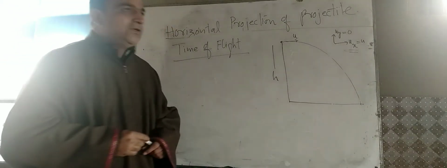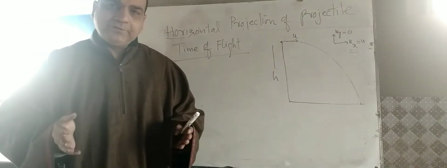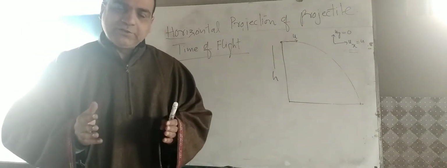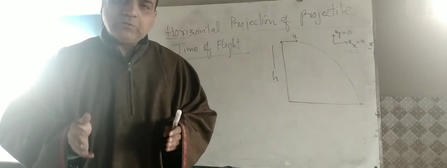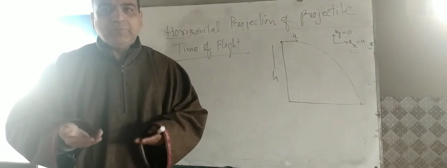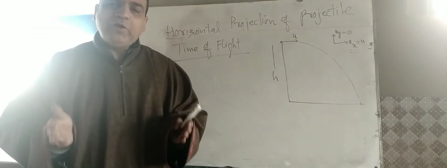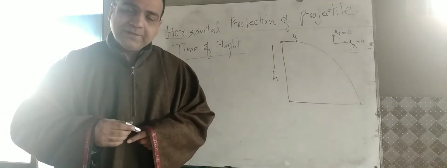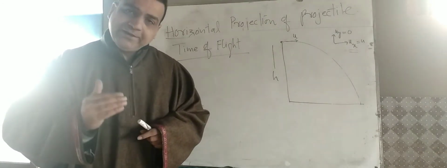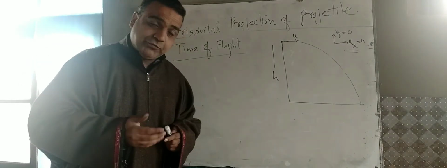So we have already obtained an expression between the horizontal displacement and vertical displacement, in which we found that y is directly proportional to x square, and that equation is an equation of a parabola of first order. That means the trajectory this projectile will follow will be a parabolic trajectory.